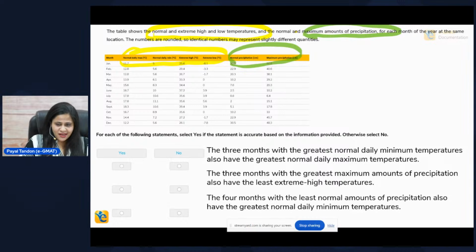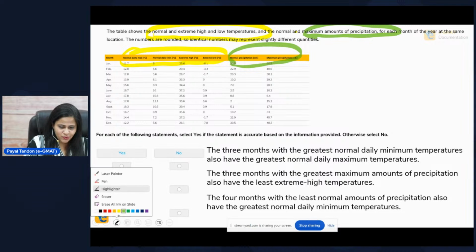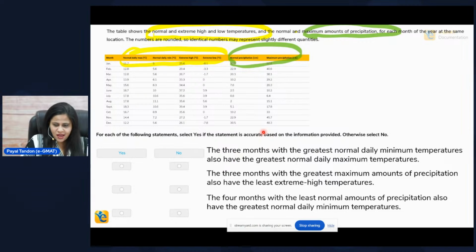Okay, and then as you are reading the information, you have to be very clear about what is 3 months, what is greatest, how does this relate to bottom versus top, and which column, and so on and so forth. And as you are taking information, you have to be able to abbreviate these in your notes so that you are absolutely certain about not missing anything.